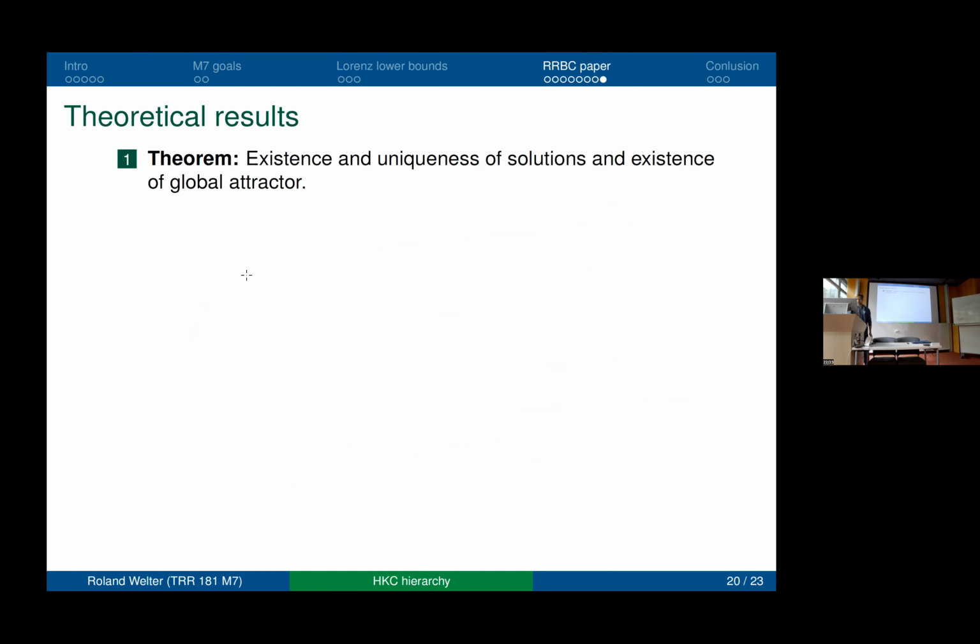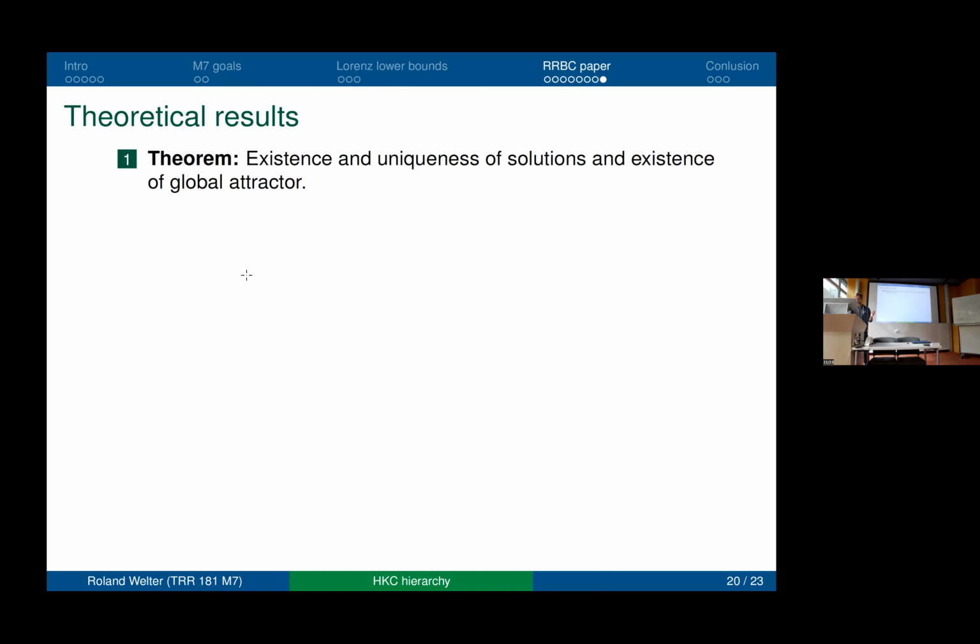Okay, so this was most of the numerical results that I obtained. I also did some theoretical work to try to support these numerical studies.